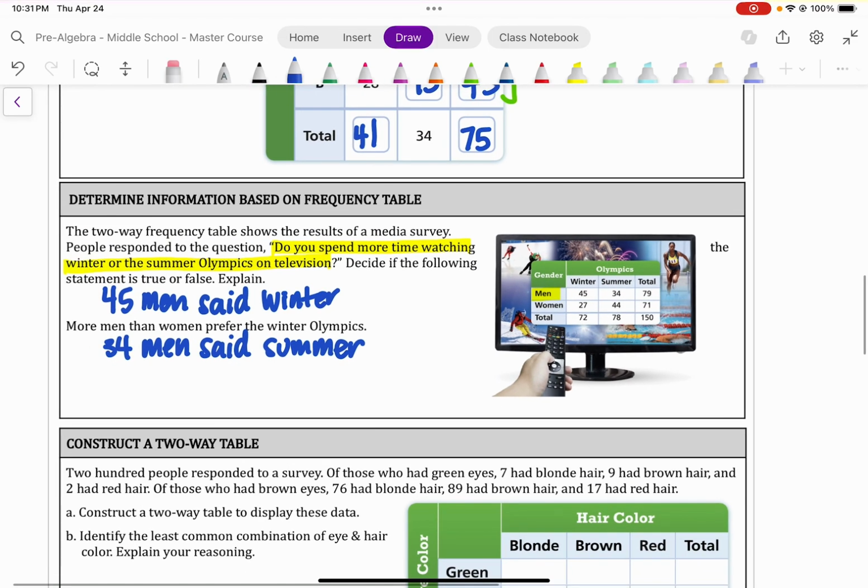So the statement says more men than women prefer the Winter Olympics. Well, the men would be that 45, and really I should have looked at the women. Only 27 women said winter. So is the statement true? Yes, the statement is true.